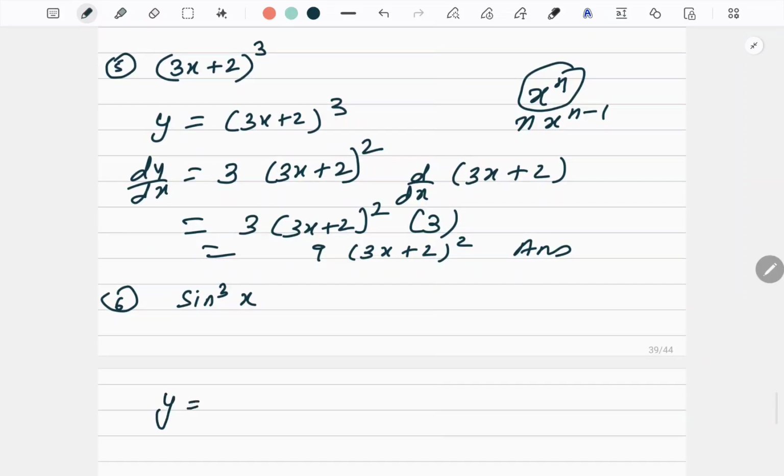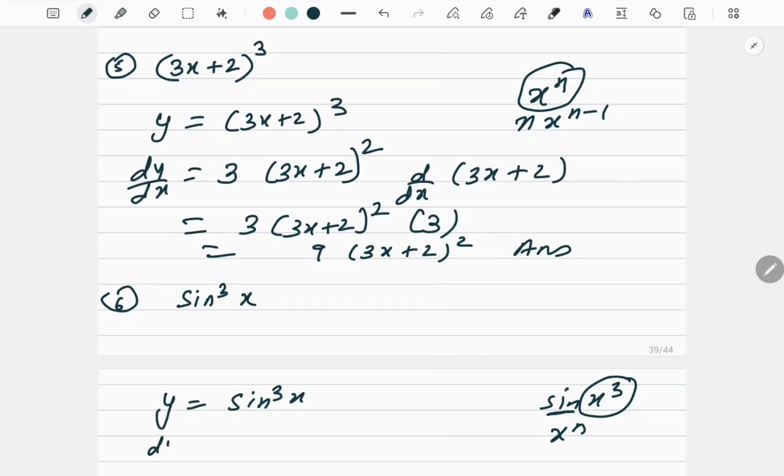Okay, so let's look at this question. Now y is equal to sin cube x. Now see, there is a difference. One question we did sin x cube, so sin of x cube was a function. Now here this is the x to the power n concept because sine is raised to power 3.